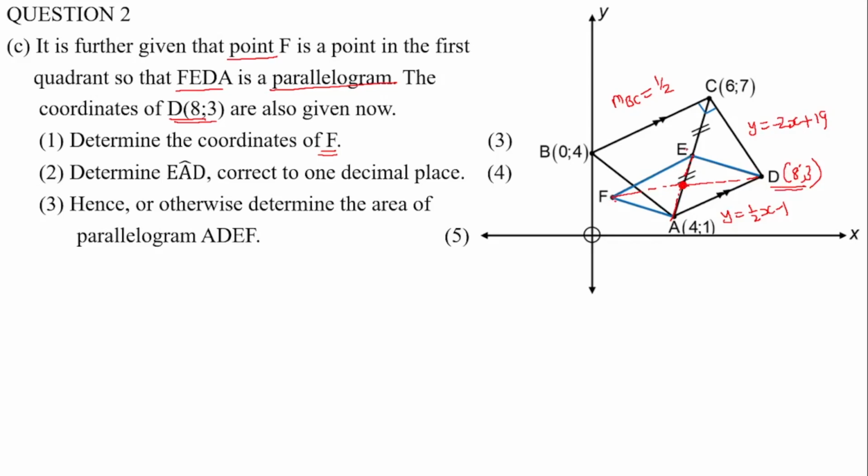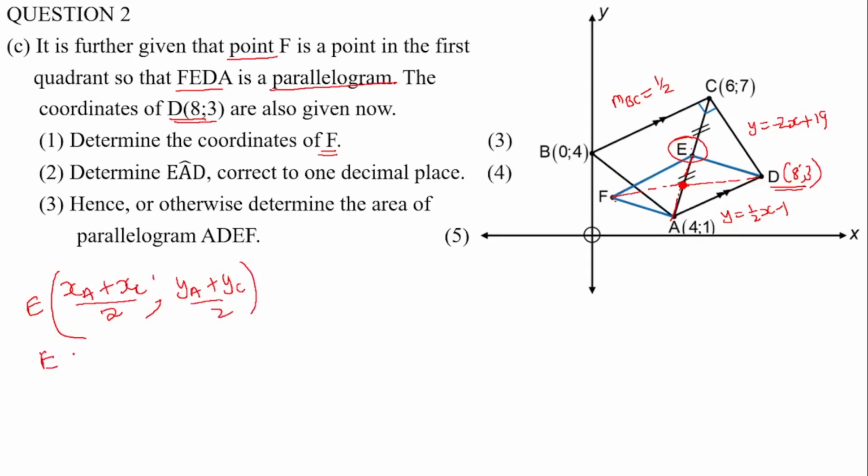But first of all, we have to find the coordinates of E, the midpoint of AC, and after that we find the midpoint of AE. Let's start by finding the coordinates of E, the midpoint of AC. So x at A plus x at C over 2, and then y at A plus y at C divided by 2.